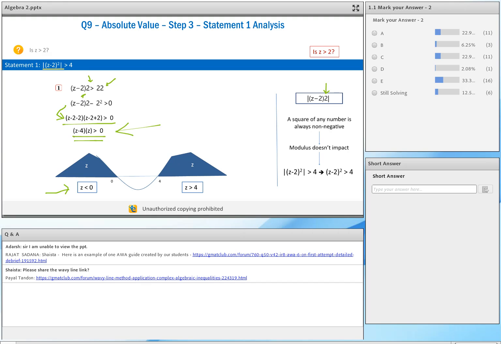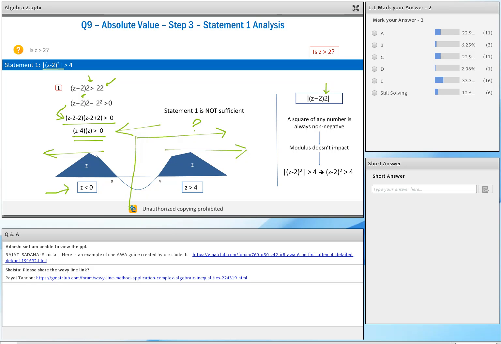So these are the two ranges that we get, and because z can be either less than 0 or greater than 4, I don't know for sure whether z is indeed greater than 2 or not. This part I'm not sure. So that's why statement 1 is not sufficient.